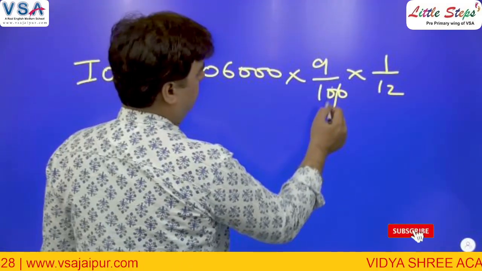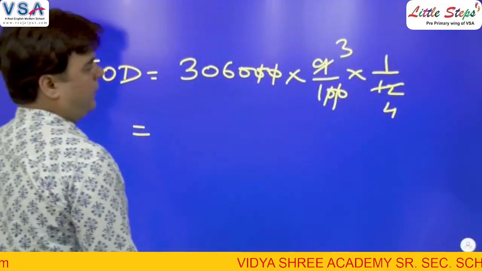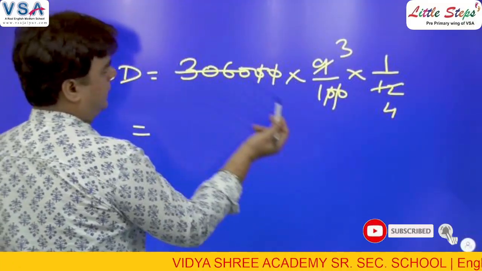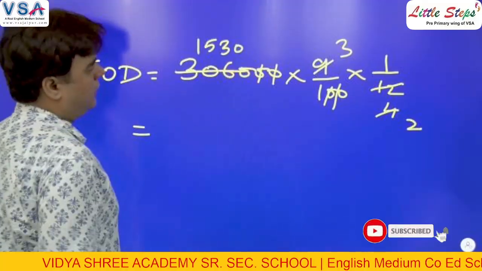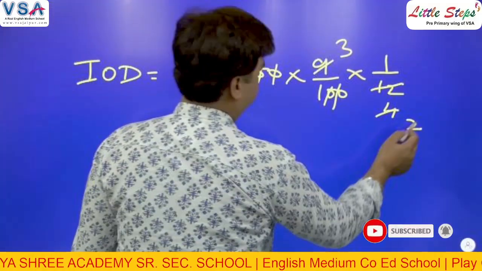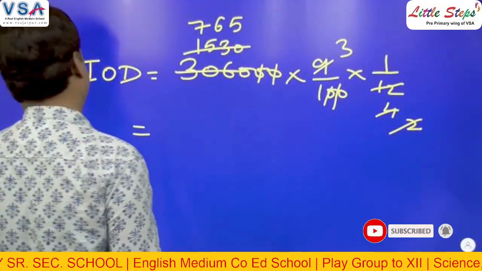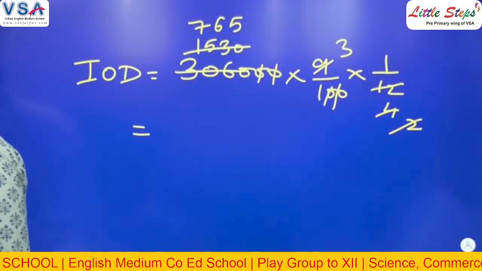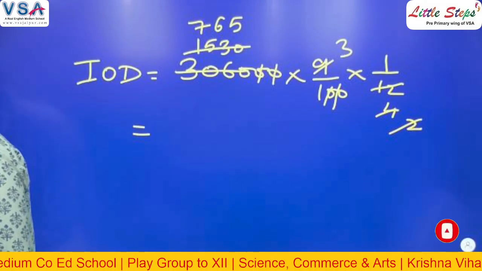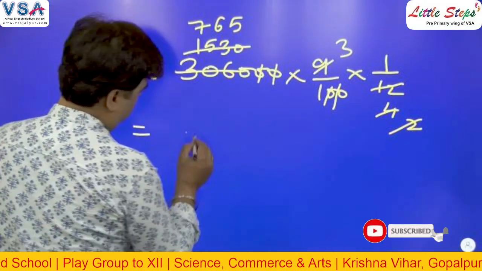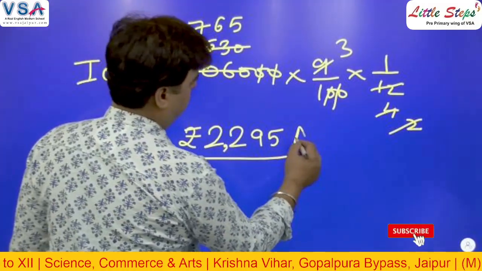So simply we will cancel this, beta. 3 3s are 3, 4, right, 4, and this we will cancel too, 2 2s, 2 5 3 0 1 5 3 0, again it will be cancelled, 7 6 and 5, 7 6 5 into 3, how much will it be? 2295, right? 2295. So this will be the final answer.